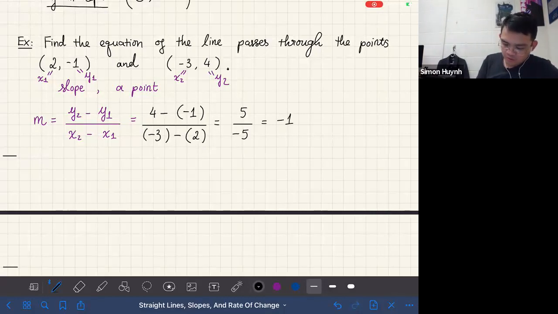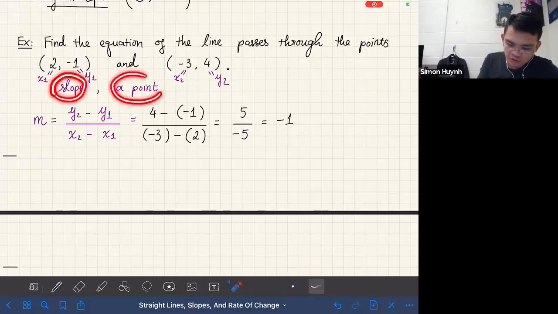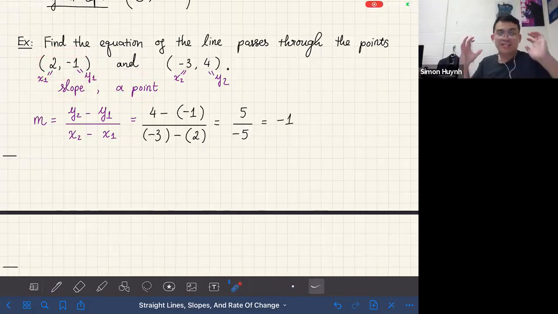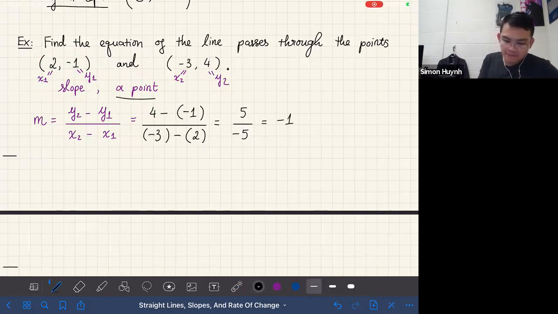And so we have the slope, and we also have a point. I'm going to just use the point x1, y1, 2 comma negative 1, as the point here. So we can put the ingredients together to come up with our equation. The point that we're going to use, the point 2 comma negative 1 that is given to us, is not the y-intercept.